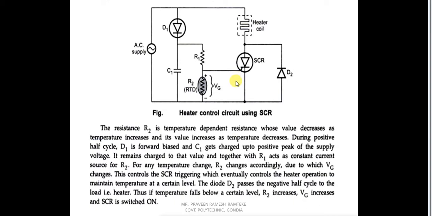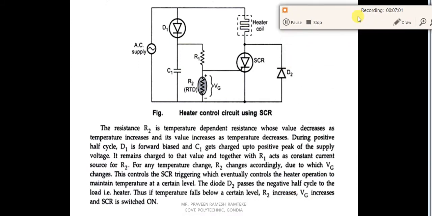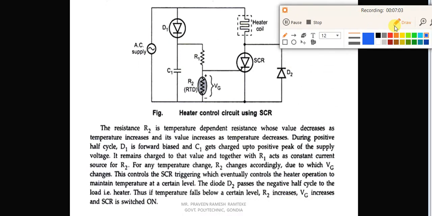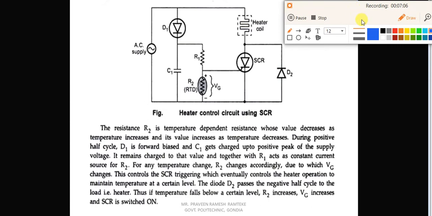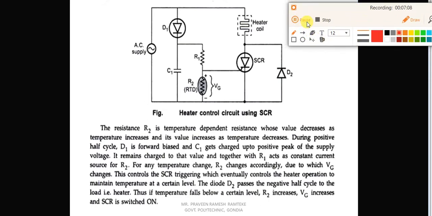So once again we will see how the circuit works. I will show you the direction of the current flow by using arrows. Say if I draw the positive half cycle, this is the positive half cycle, and I will draw the negative half cycle also.